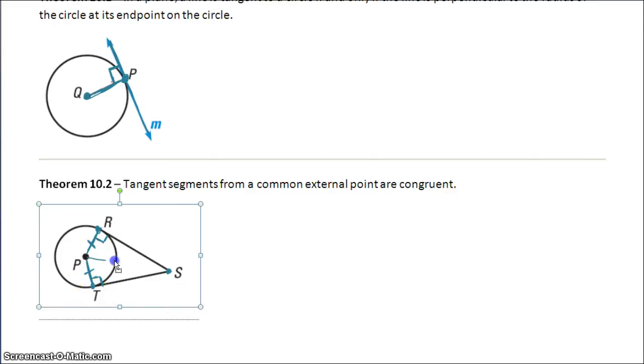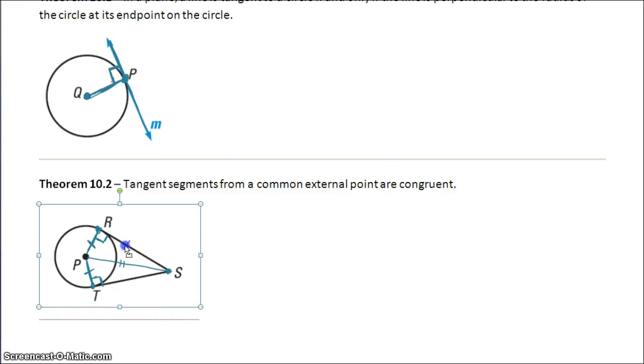And if I draw in the line segment SP, I create two triangles. And since both of those triangles share that common side, these two triangles are going to be congruent to each other by HL. And since these two triangles are congruent to each other, all of their parts are going to be congruent.